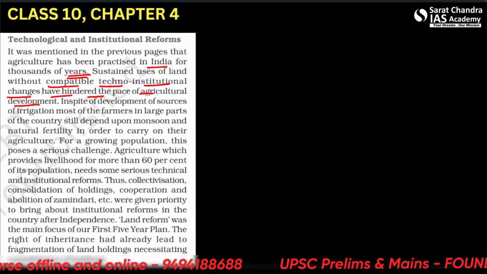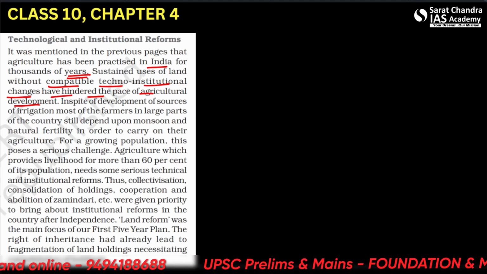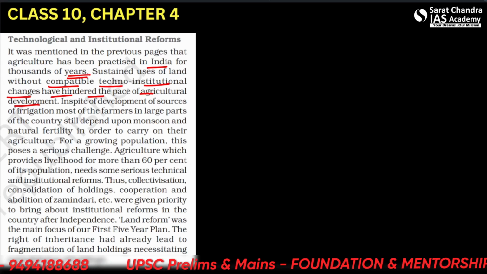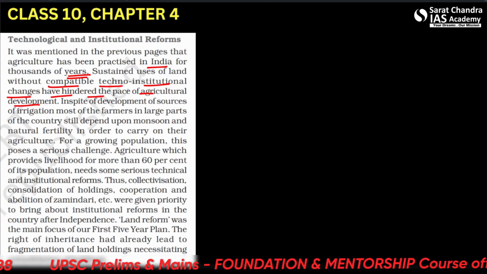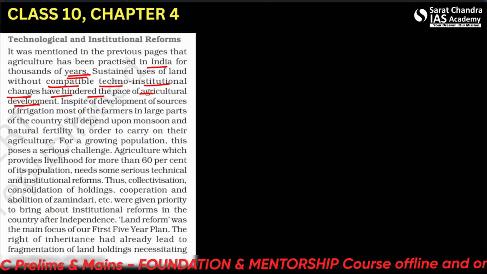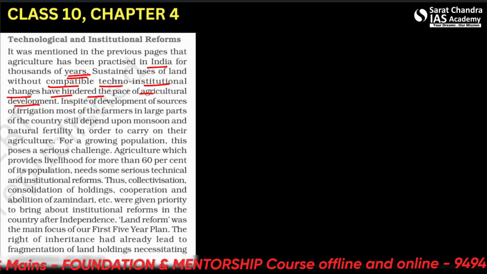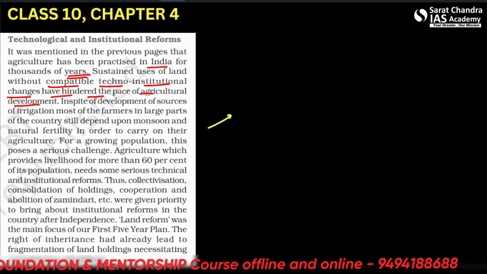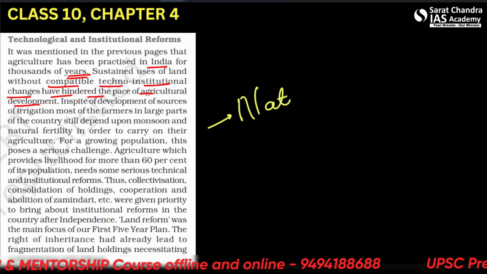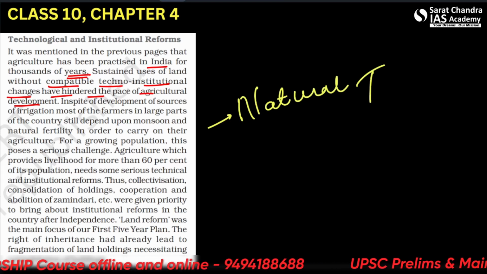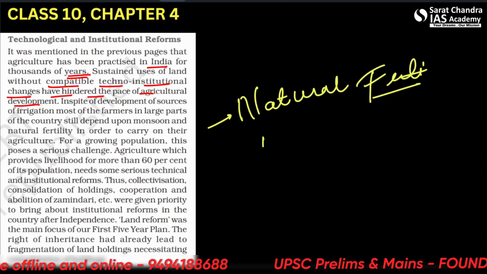So in spite of development of sources of irrigation, most of the farmers in large parts of the country still depend upon monsoon and natural fertility in order to carry on their agriculture. So this is the source for our third statement, that we still rely on the natural fertility and monsoon.